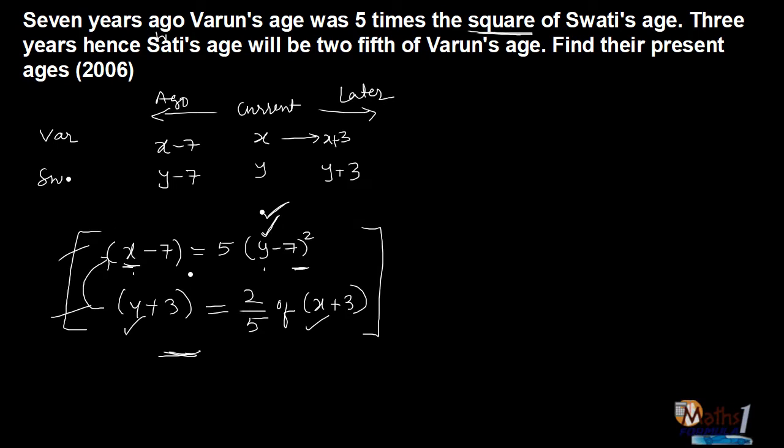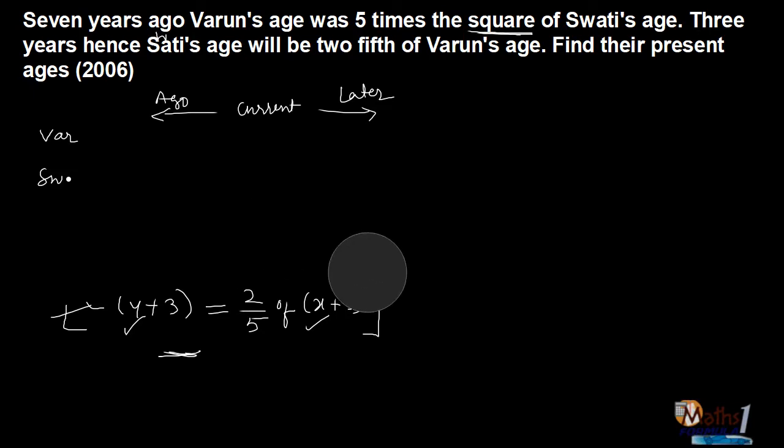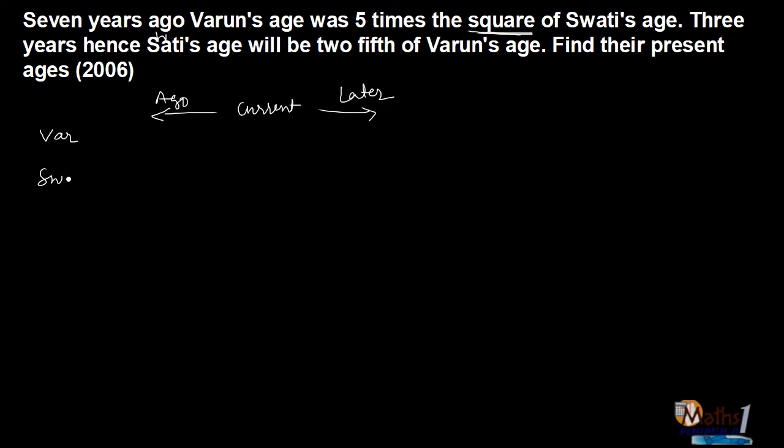So let's go back. I'll erase this part, only that part, and erase this as well. The condition starts 7 years ago. The current age they have not given. So that means I will start with x as someone's age 7 years ago. It says 7 years ago, Varun's age was 5 times the square of Swati's age. So they have given a condition for Varun's age.